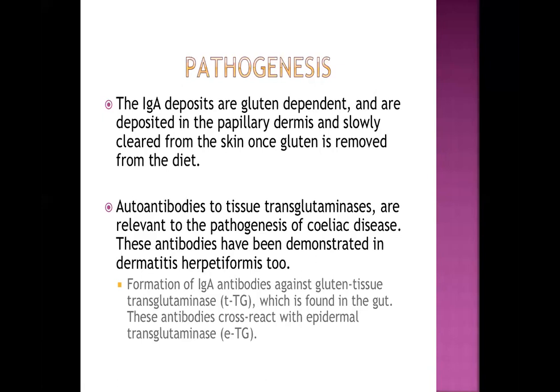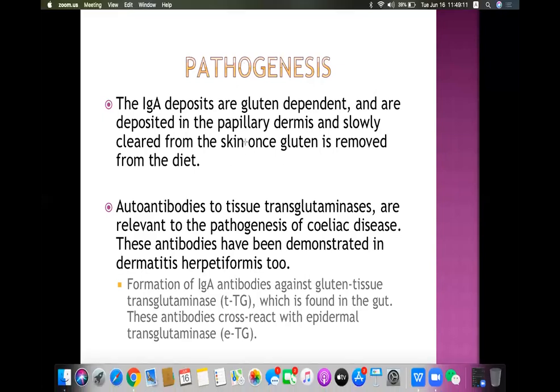They only happen after the person eats those types of food. So IgA type of antibody is important here. They are deposited in the papillary layer of the dermis, which means subepidermal, and they are slowly cleared from the skin once gluten is removed from the diet. And this is one of the main therapies or treatments in case of celiac disease or even dermatitis herpetiformis. Gluten containing food should not be taken.